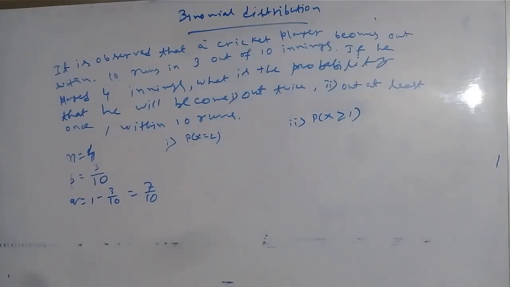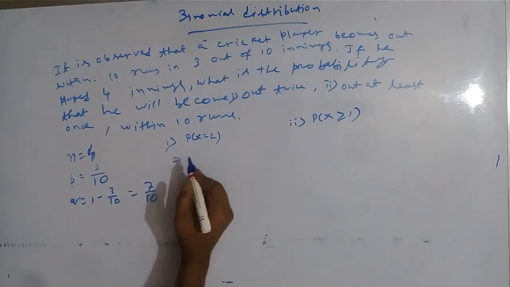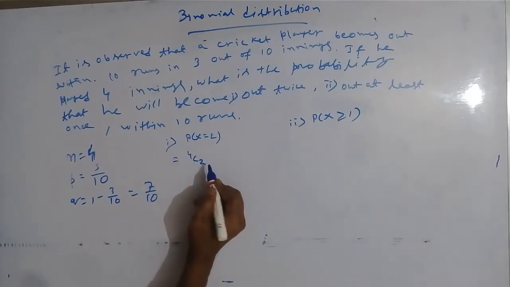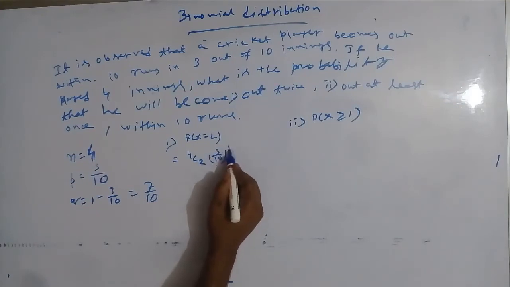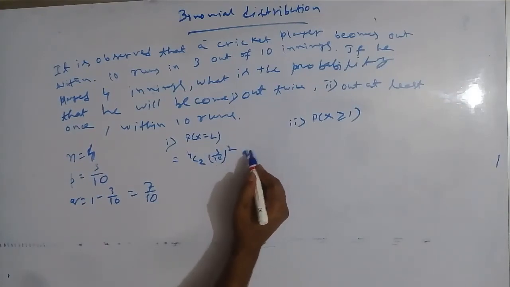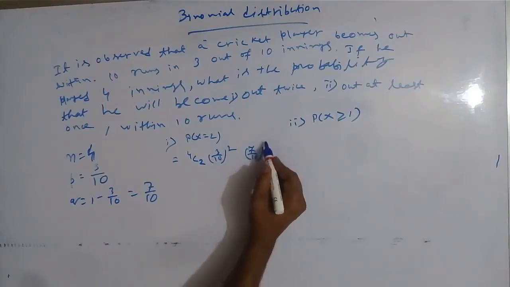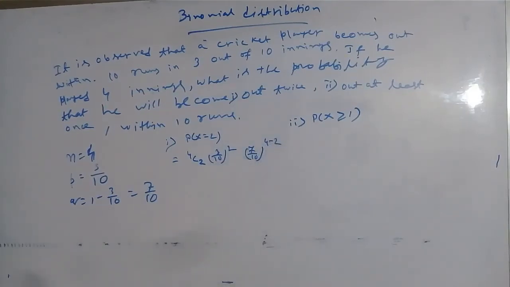Okay, at least once means he will be out within 10 runs in at least 1 innings or more than 1 innings. So first, probability of x equal to 2 will be nCi, that is 4C2 p to the power i, so 3 by 10 to the power 2 into q to the power n minus i, here q is 7 by 10, that is 4 minus 2.